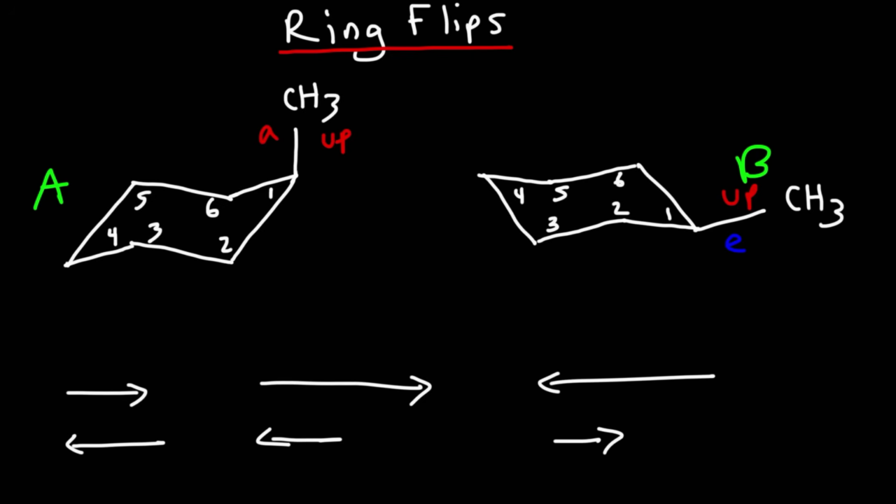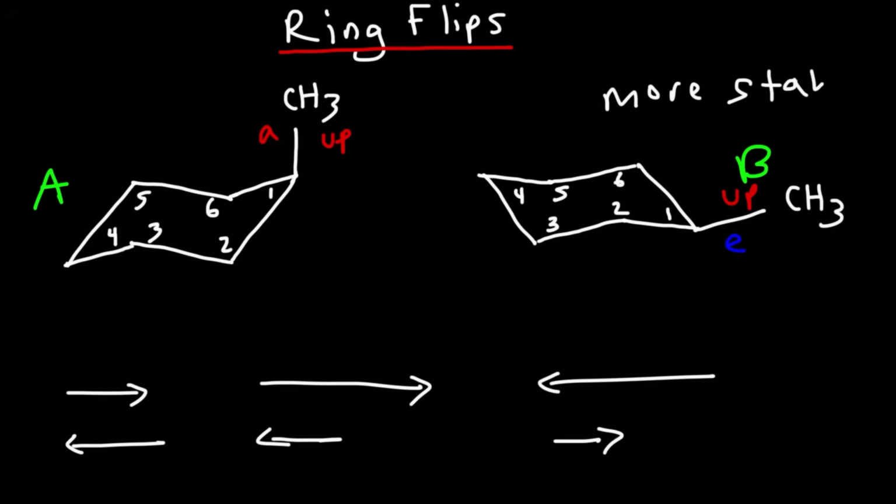Well, notice that these two chair conformations are not equally stable. Here the methyl is in the axial position, here it's in the equatorial position. And we know putting a methyl group in the equatorial position reduces the 1,3 diaxial interaction between the methyl group and the hydrogen atoms. So therefore, this structure is more stable.